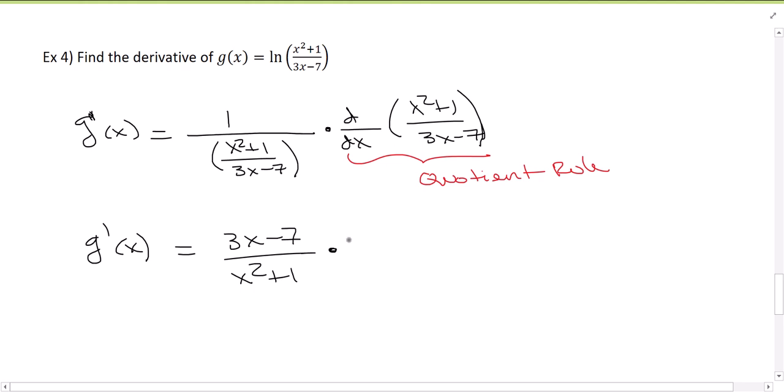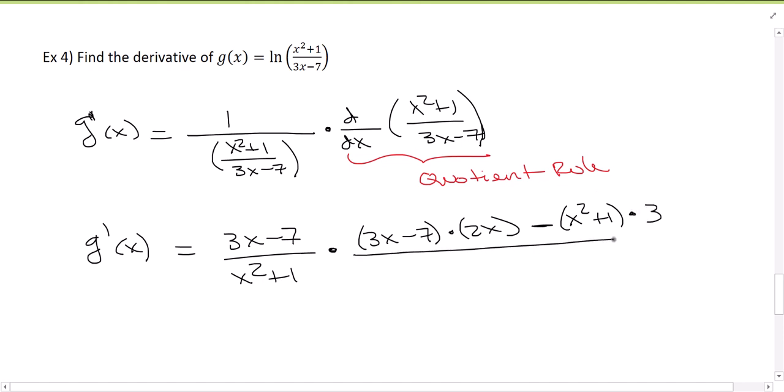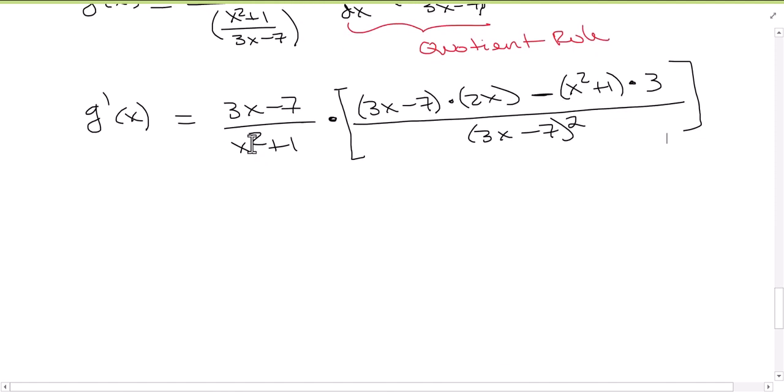Using the quotient rule, it will be the bottom, so 3x minus 7, times the derivative of the top, so times 2x, quotient rule, so minus the top left alone, times the derivative of the bottom. The derivative of 3x minus 7 is just 3, all over the bottom squared, the bottom of this, my (3x minus 7) squared. So that is the quotient rule, and the chain rule within that logarithm.